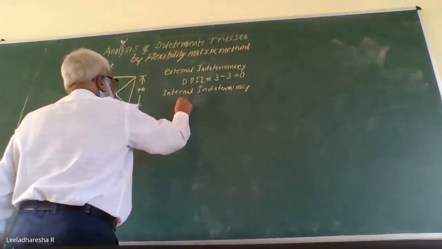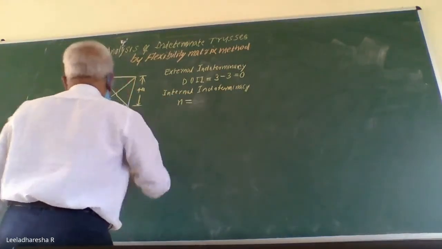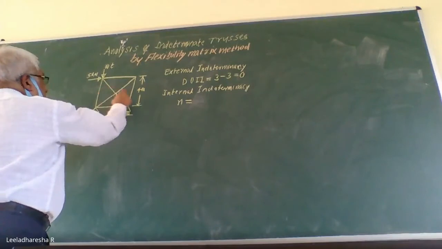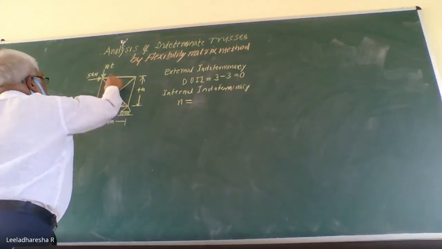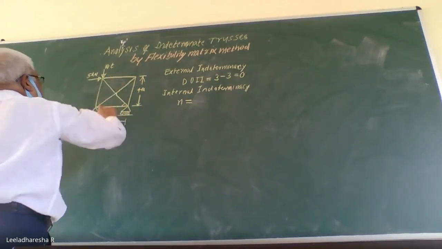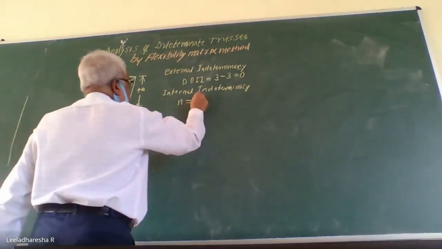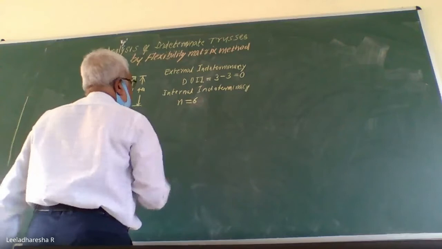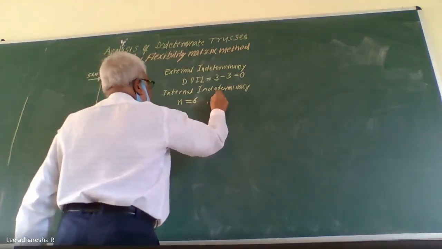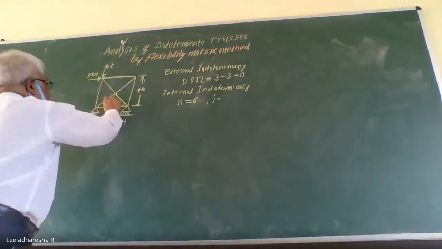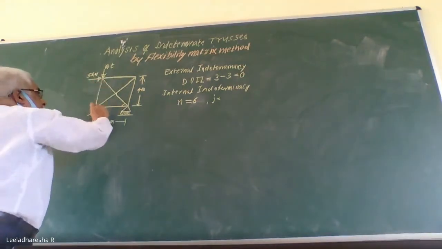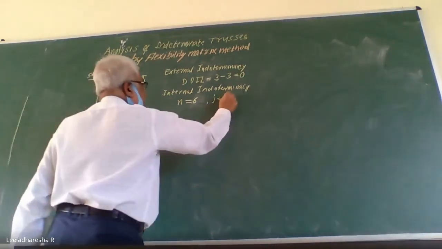So here, count the number of members n: 2 vertical members plus 2 horizontal members plus 2 diagonal members, so totally 6 members. Count the number of joints. As I told you, this is not a joint, so 1, 2, 3, 4 joints are there.